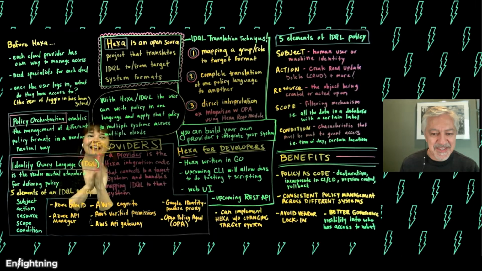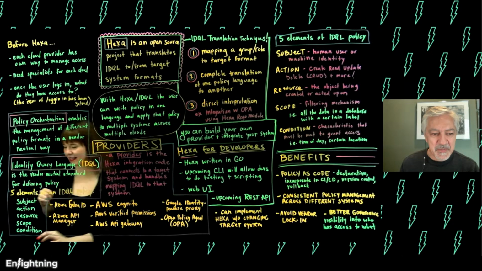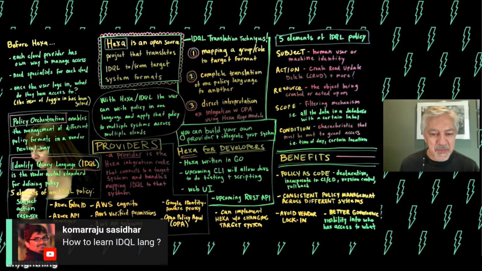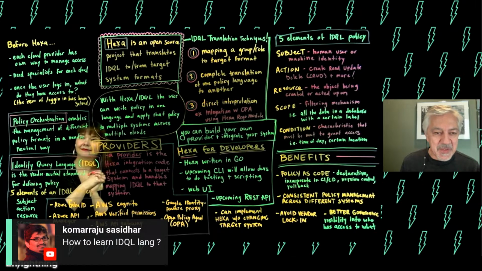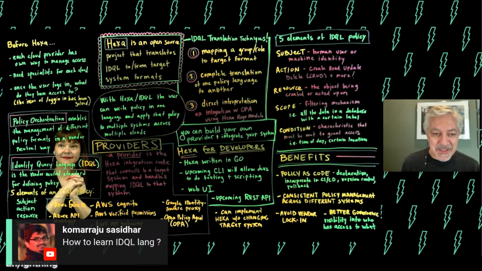and to the community. Oh, and we have a question, of course, from Court Maju, which I love. What's a good way to learn IDQL? Yeah, well, come check out the project website and it'll connect you to the GitHub repo. As I said, there's a demo environment where you can have a working system that has some simple IDQL policy fragments in it.